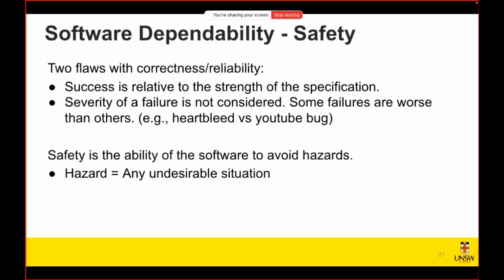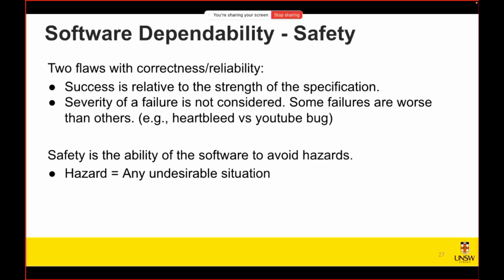Safety is the ability of the software to avoid hazards, and a hazard is any undesirable situation which is irrelevant to the specification. That's why it avoids the dependence on the specification. Sometimes in the specification we don't even talk about whether the software should be safe or not, right?